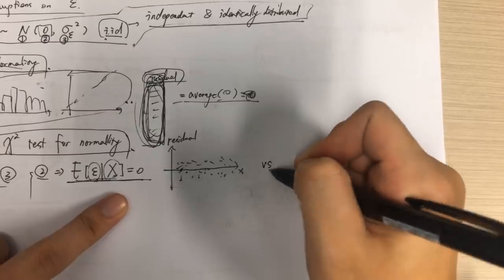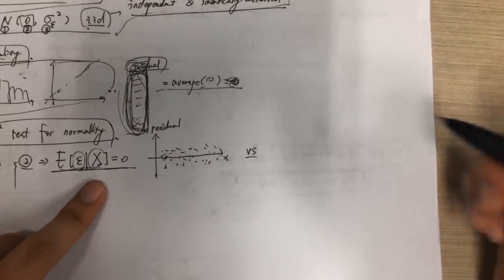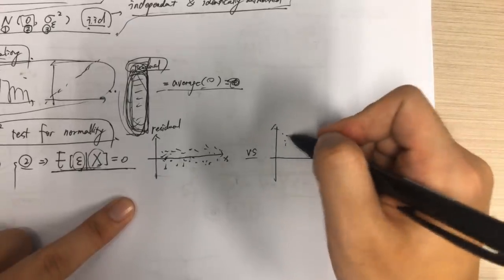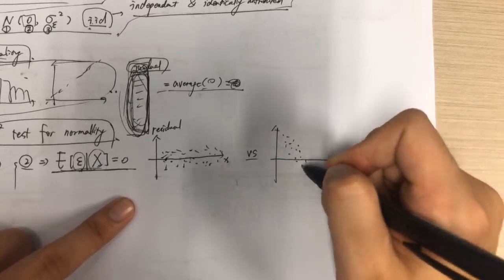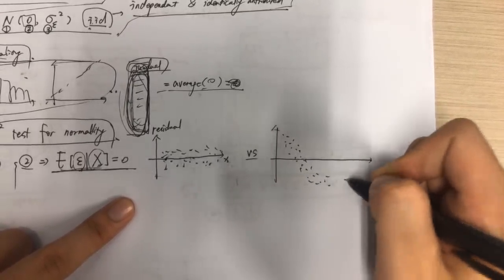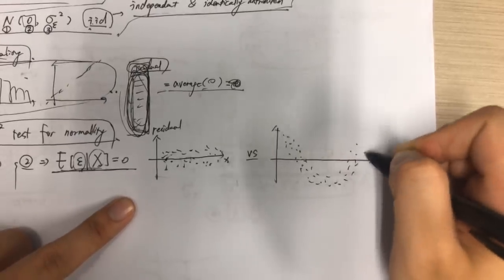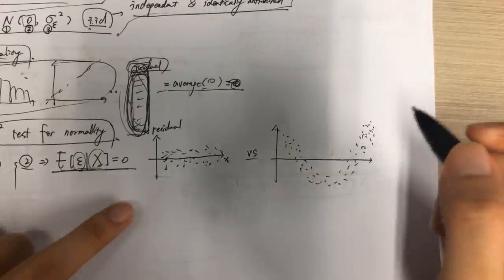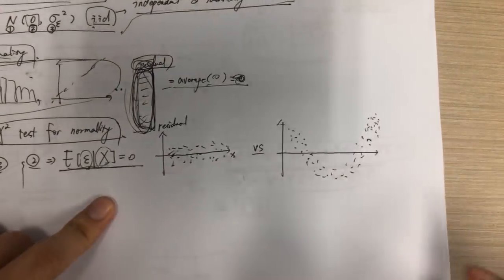And if this assumption is violated, you may observe something like this. Some nonlinear relationships, for example, quadratic. This one definitely didn't follow this assumption, right?